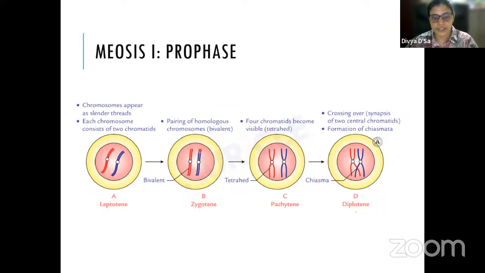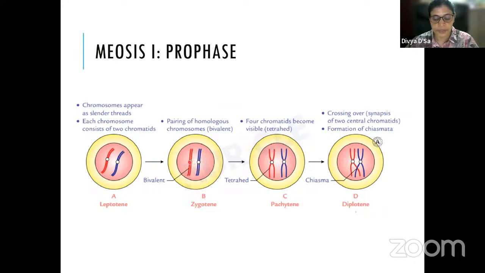The next stage is the zygotene stage. What happens? The lengthwise pairing of homologous chromosomes happens, which results in the formation of bivalent. This is the synaptic pairing.